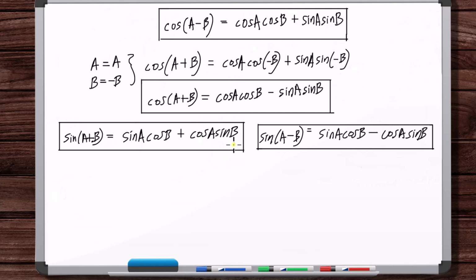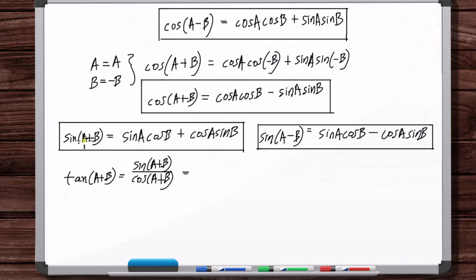Okay, now what about the sum and difference identities for tangent? So what we're going to do is use the quotient identity. So we know that tangent of a plus b is equal to sine of a plus b over cosine of a plus b.